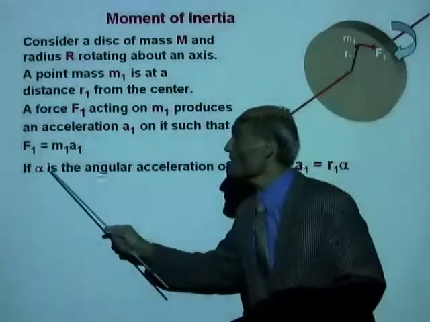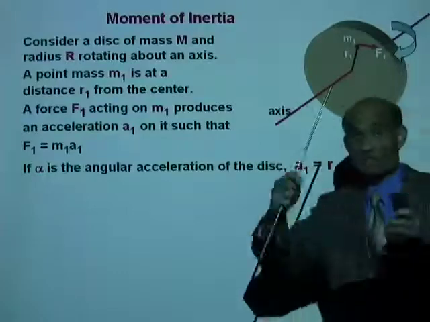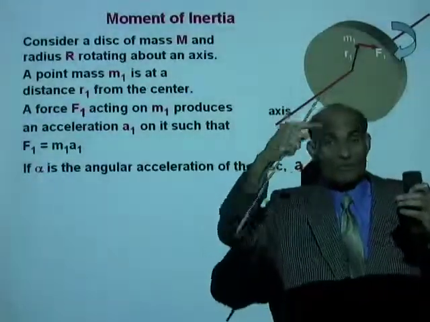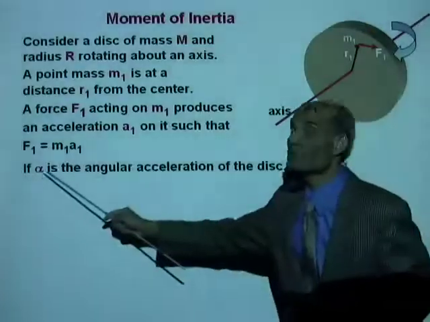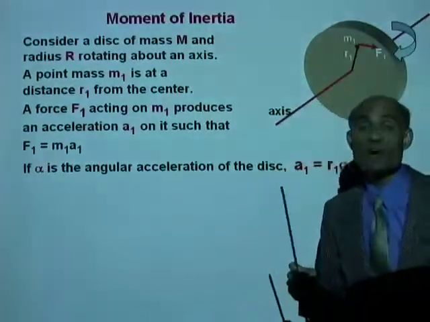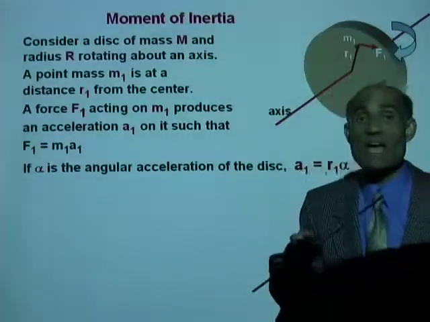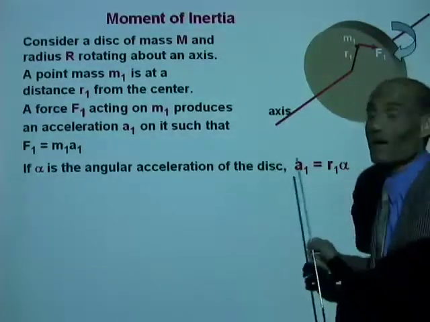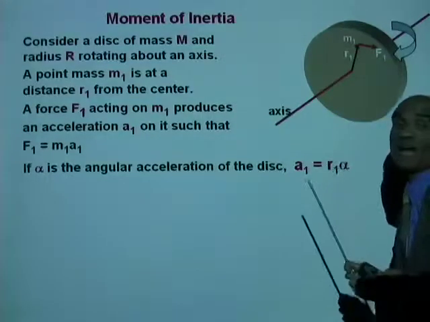If alpha is the angular acceleration of the disk, you know how it is related to linear acceleration. You know that a equal to r alpha. So a1 equal to r1 alpha.